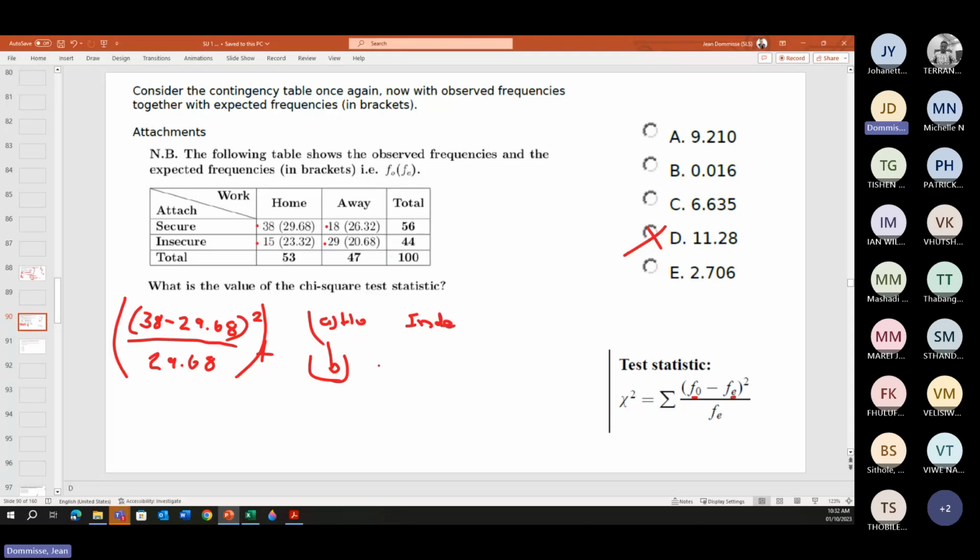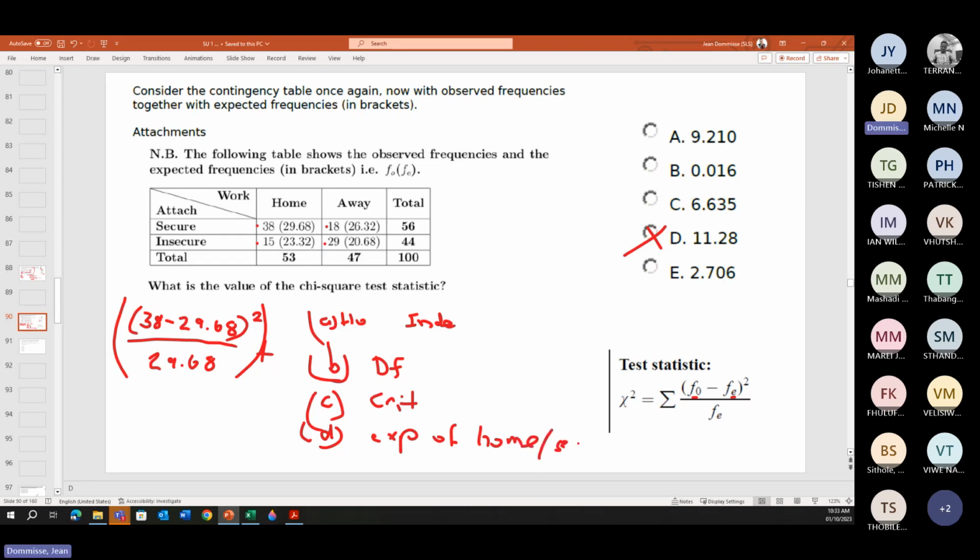I then would have asked you the degrees of freedom. I would have asked you the critical value that you get from a table. I would have asked one of it to be the expected value of home and secure, or something like that.